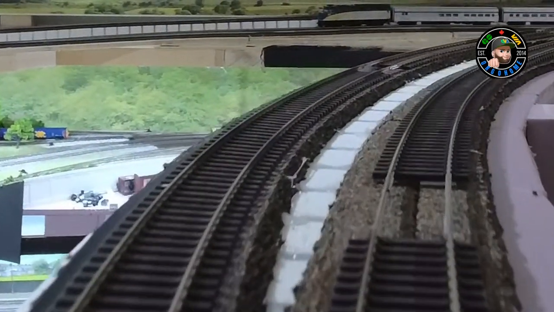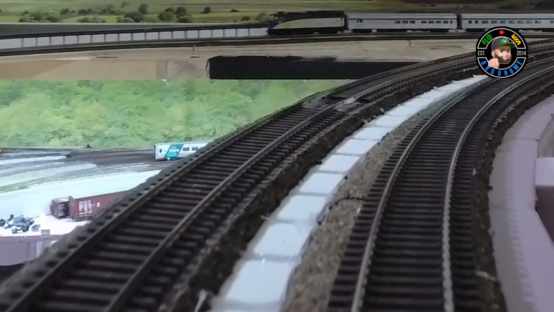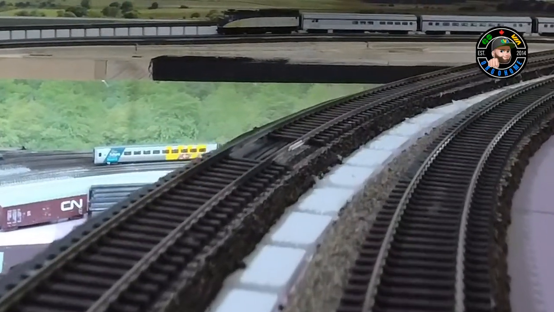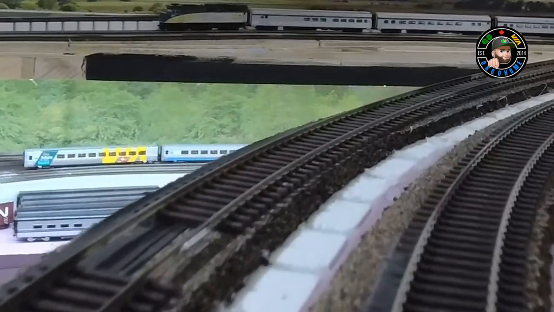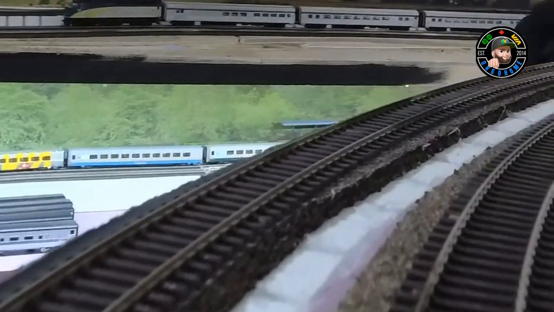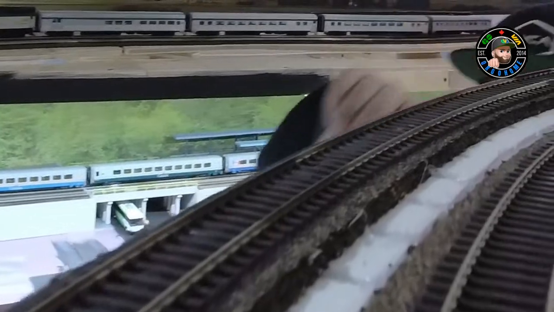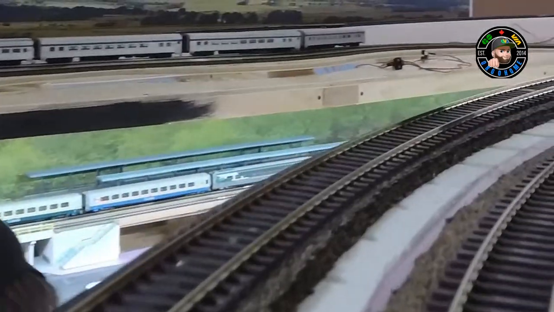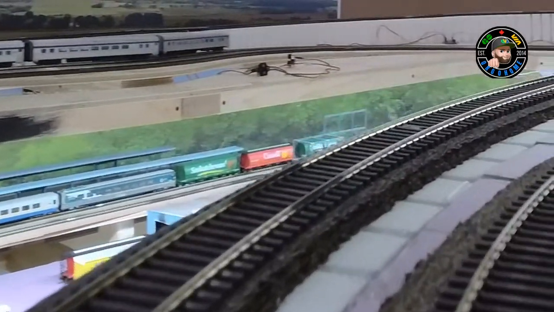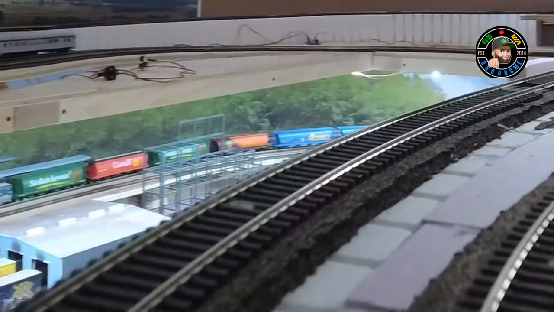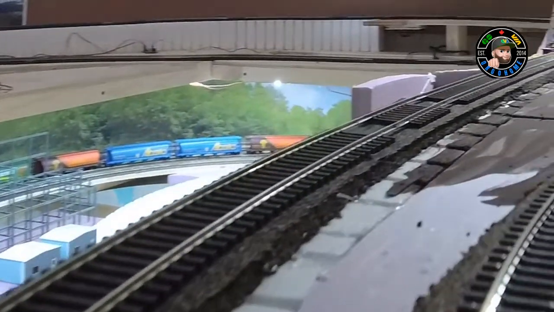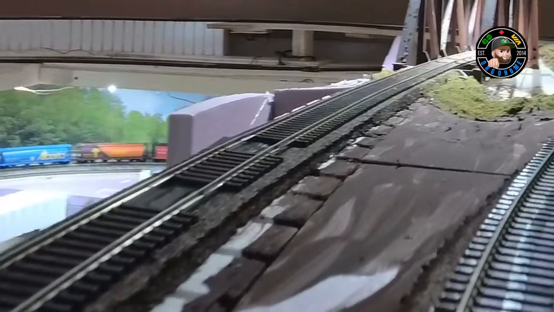Want to measure for you here. Okay, so we've got from the floor itself up to the top level, like the bench work for the top level, it's 63 inches.